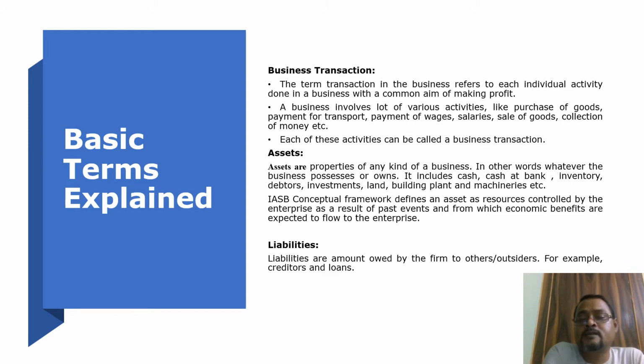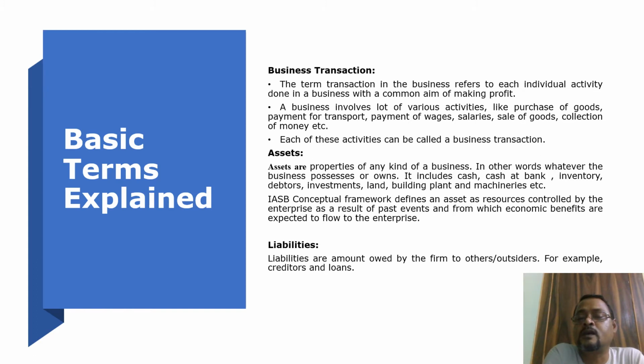In this section, I would try to explain the 4 terms which are very basic and which define the statement of financial position: assets, liabilities, expenses, and capital. First, the term asset. Asset means properties. They can be properties which are owned by the business.